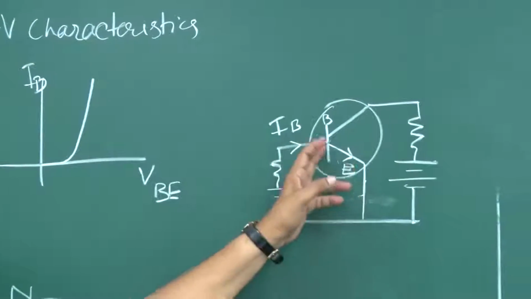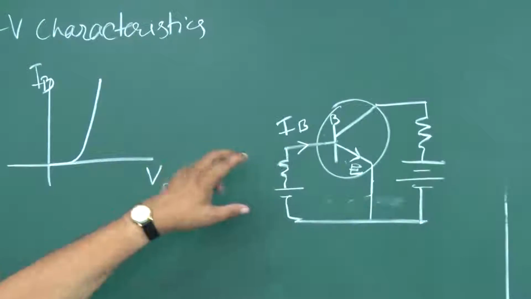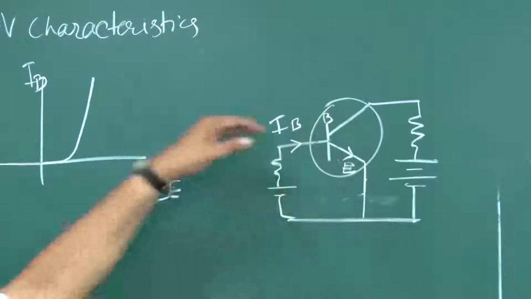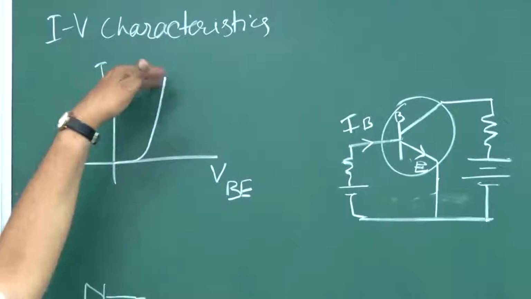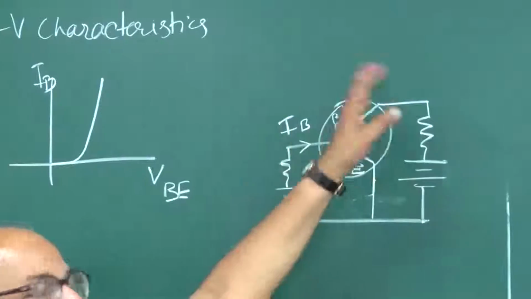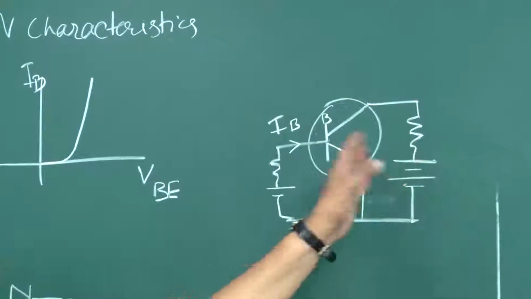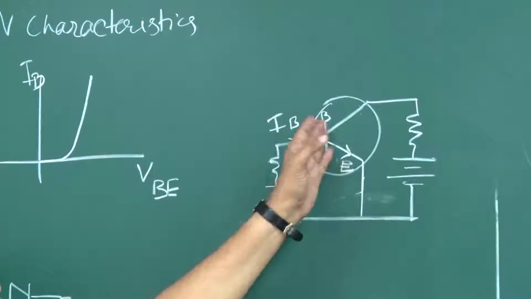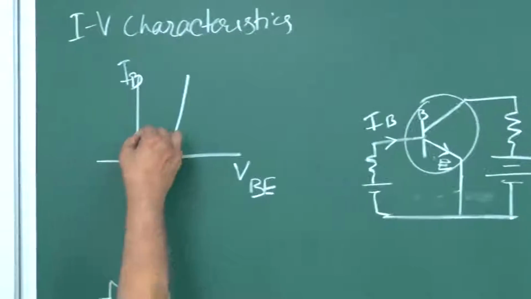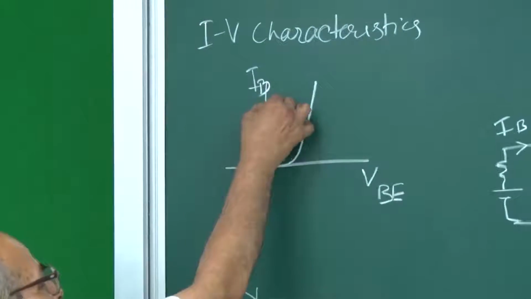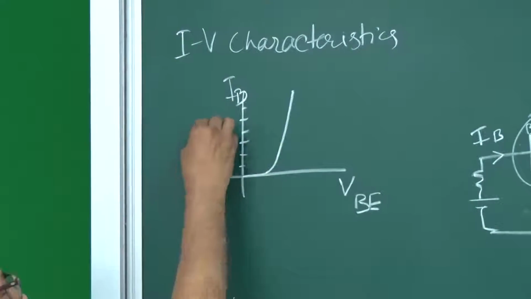So if the collector was not there, perhaps this would have been in milliamperes. But since the collector is drawing a large fraction of electrons on that side, this current will be reduced, so the scale here can still be in microamperes.